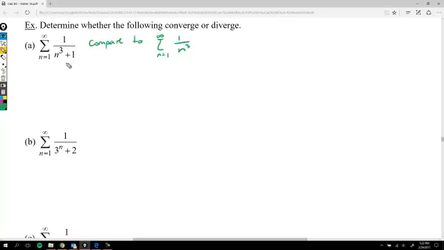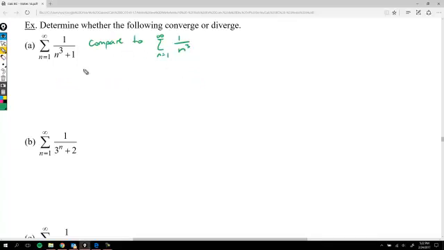If I plug in 1, I get 1/2. If I plug in 2, I get 1/9. If I plug in 3, I get 1 over 28. If I plug in 1 here, I get 1. If I plug in 2, I get 1/8. If I plug in 3, I get 1/27. You see how every term is larger in my second term? That's what I mean by this summation is bigger.